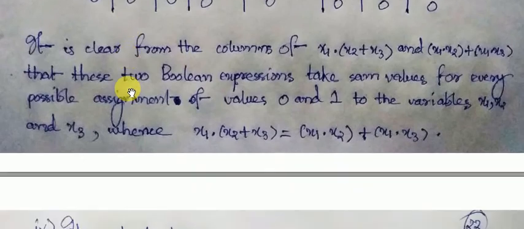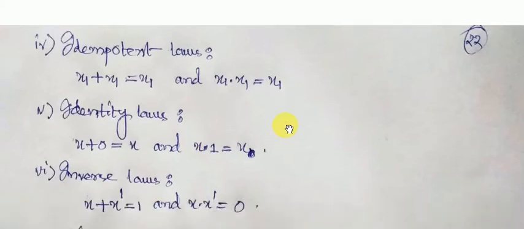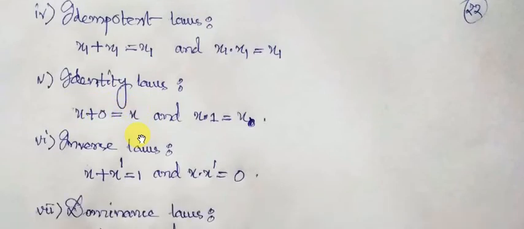The idempotent law: x1 plus x1 equal to x1, and for multiplication x1 into x1 equal to x1. Identity laws for addition and multiplication, 0 being the additive identity element: x plus 0 is equal to x, x being a Boolean variable, and x into 1 is equal to x, 1 being the multiplicative identity element.